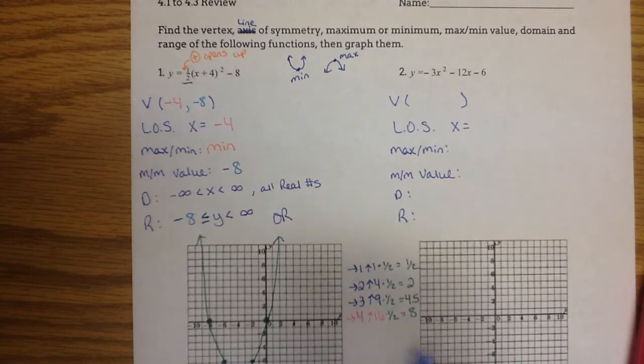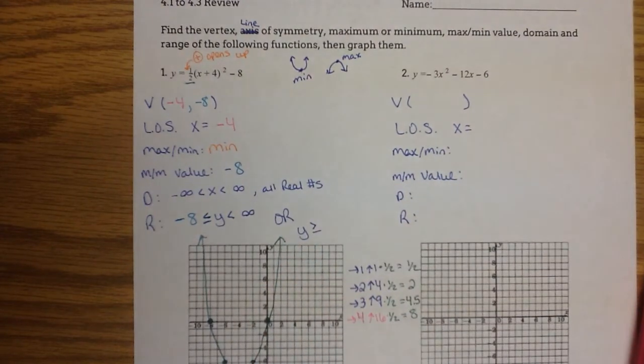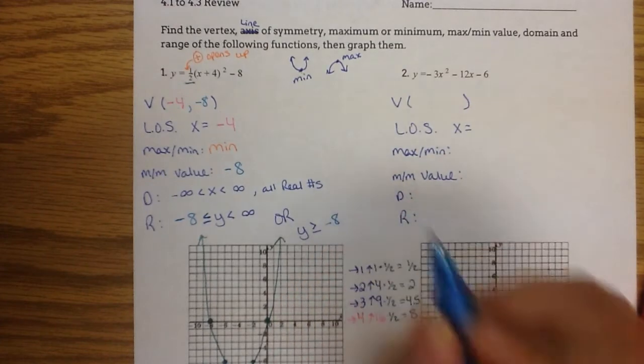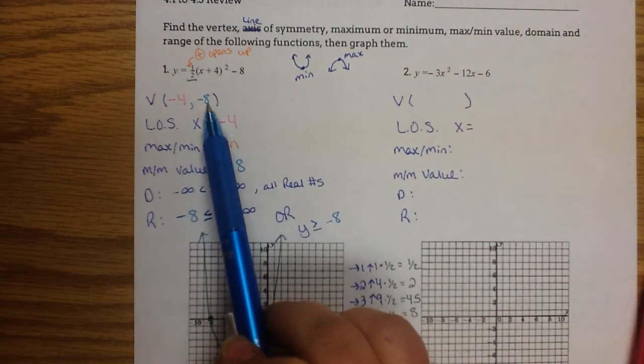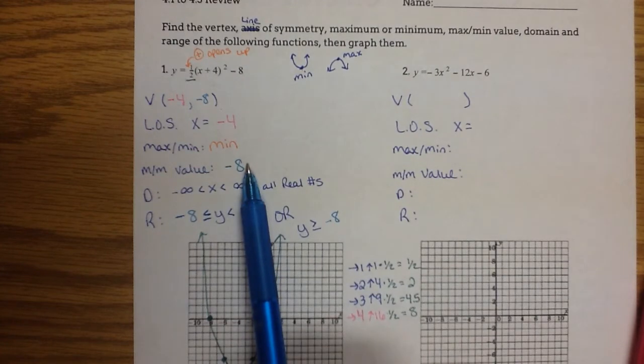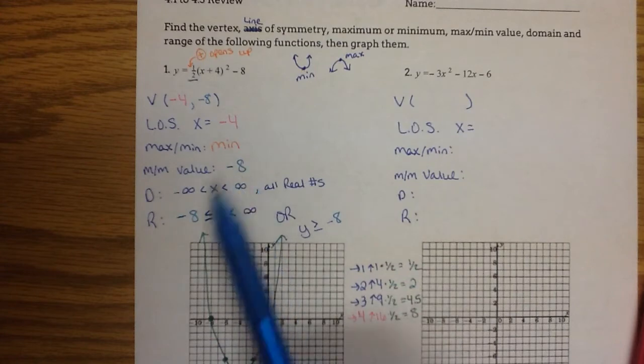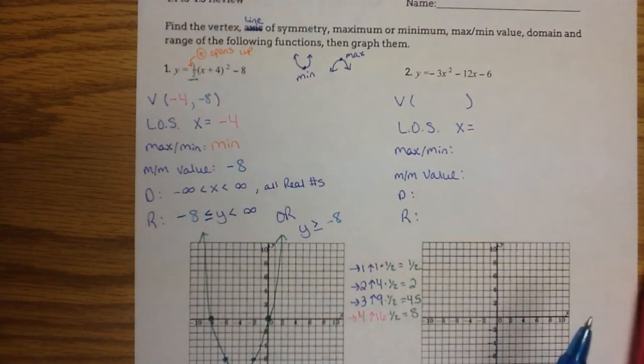Or you can say y is greater than or equal to -8. Now notice -8 was in my vertex, and it's also in my range. It's also my max and min value. So notice it's important that you have your vertex correct, because that then is repeated throughout your problem.